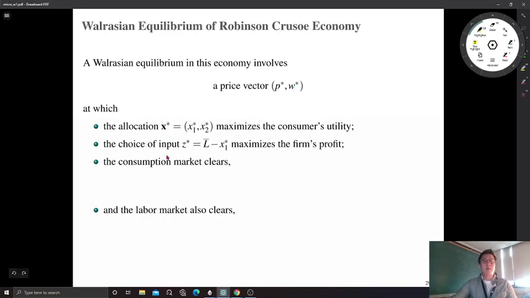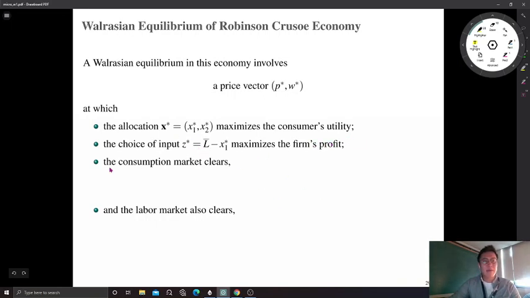At the same time, the firm's choice of input, Z star, should maximize the firm's profit. Otherwise, the firm will revise its supply schedule. So something changes as well, and it is not an equilibrium.